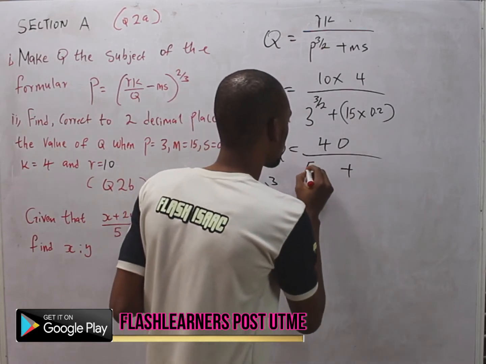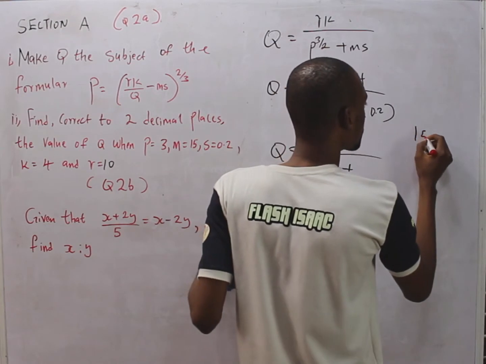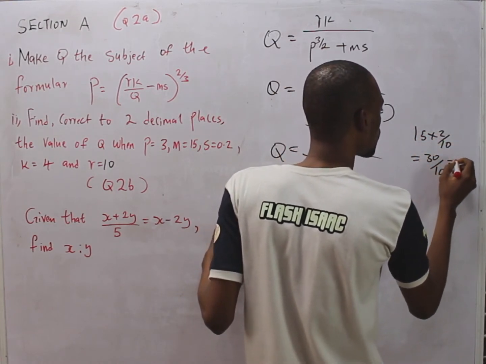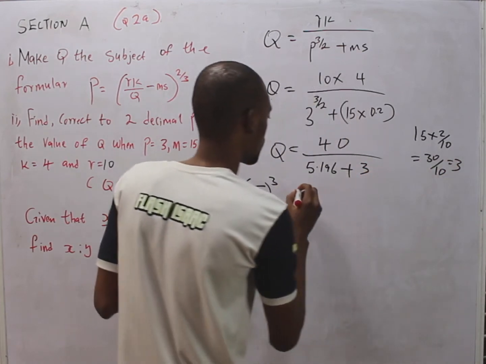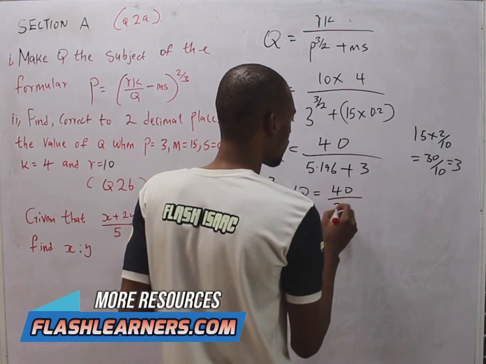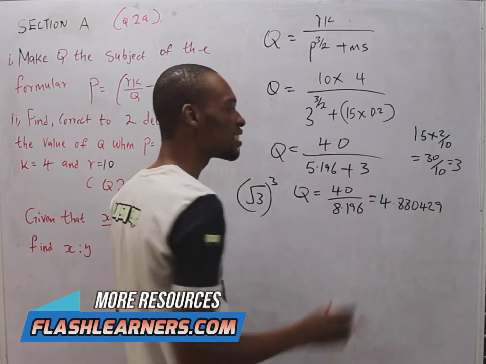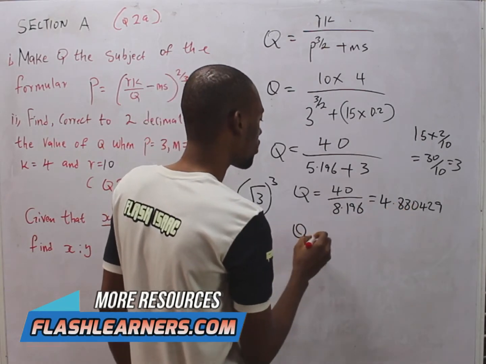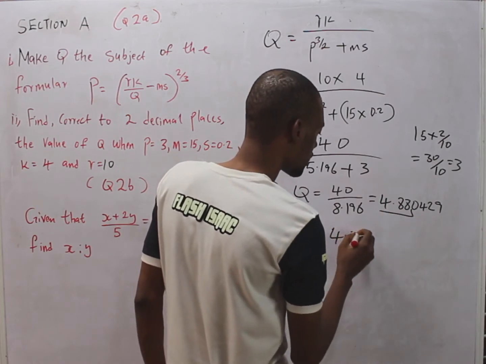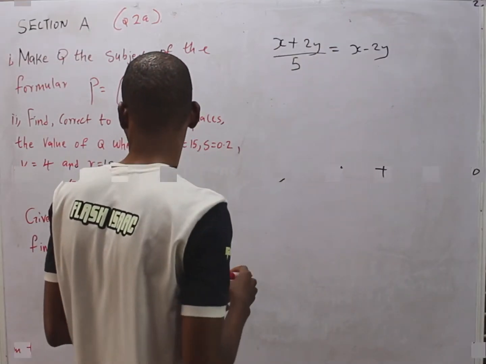This is 5.196, and this is the same thing as 15 times 2 over 10, and that is 30 over 10 equals 3. So this is 3. Q is equal to 40 over 8.196. So this is 4.880429. And correct to 2 decimal places, it is 4.88.